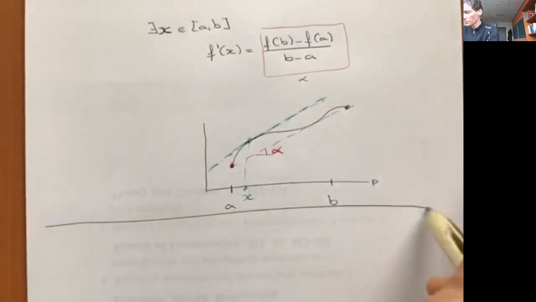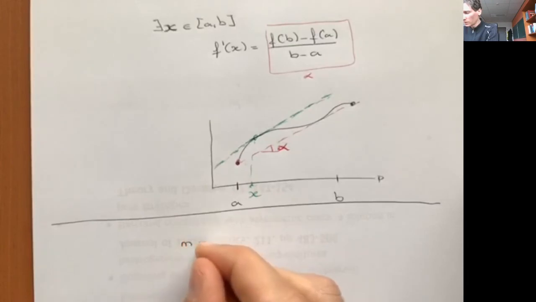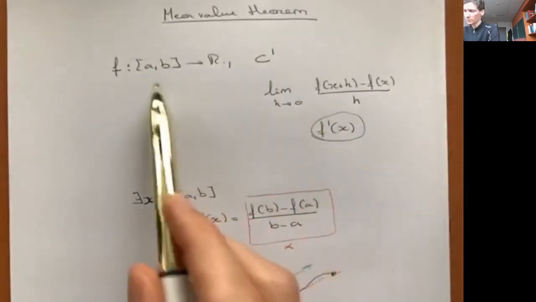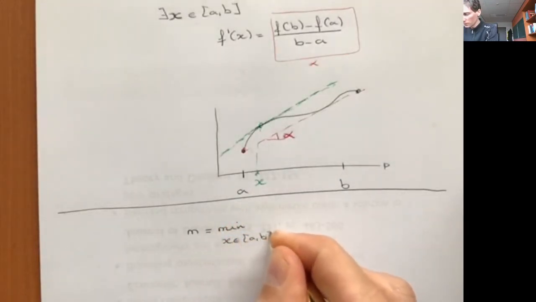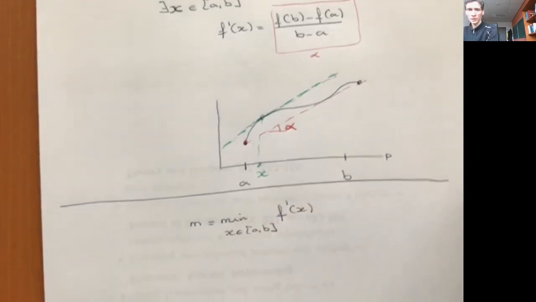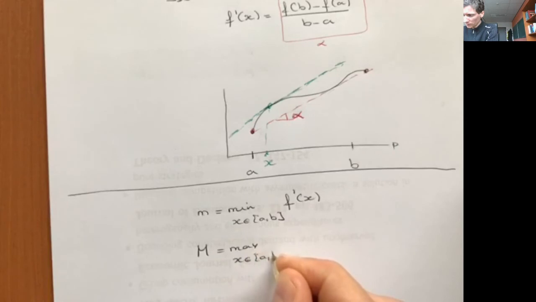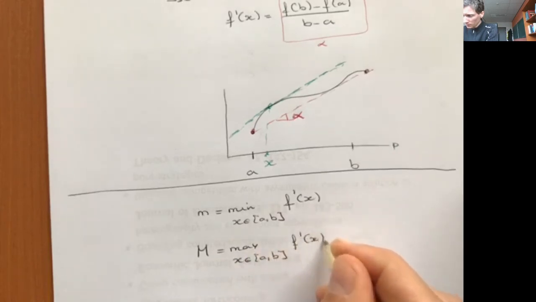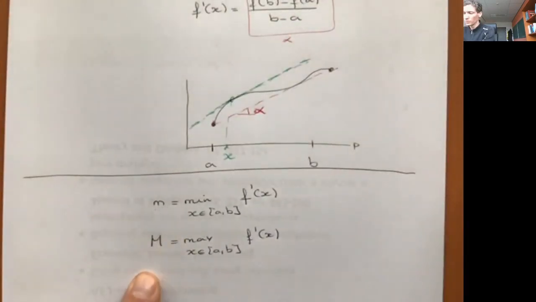Okay, so let's prove the mean value theorem. f' is continuous on a compact domain, so we can minimize it. We can take the minimum over x in (a,b) of f'(x), call it m, and we can take the maximum, call it M. And you know that for any value between these two numbers, I can find something in the domain such that f' of this number will be equal to this value, right?